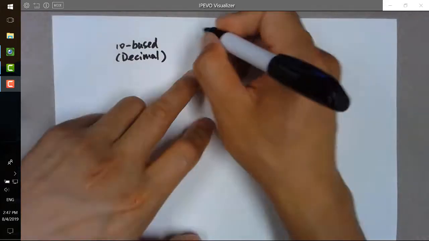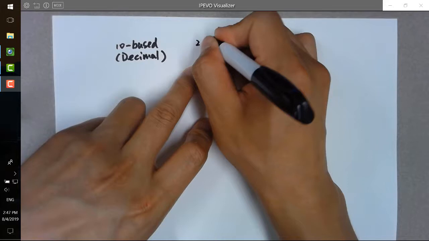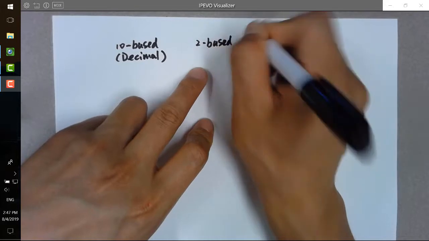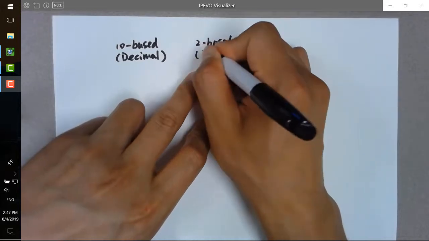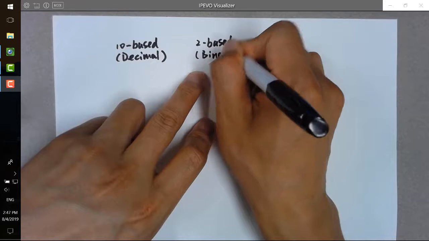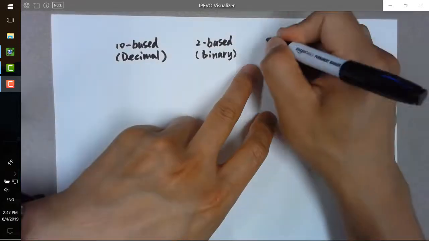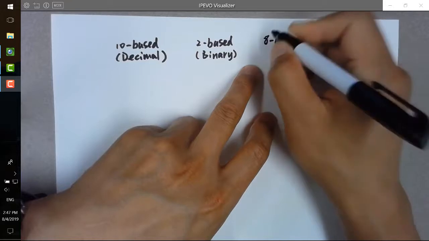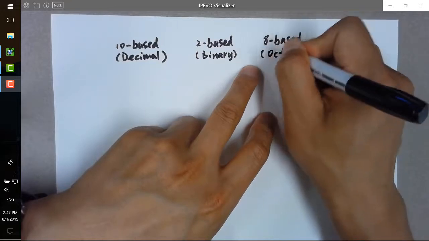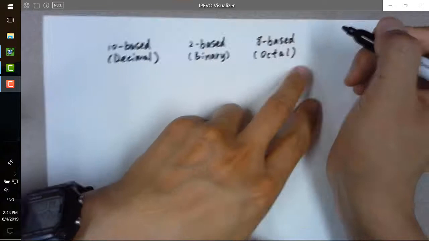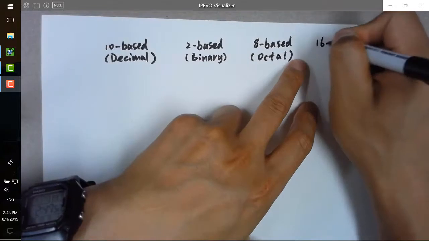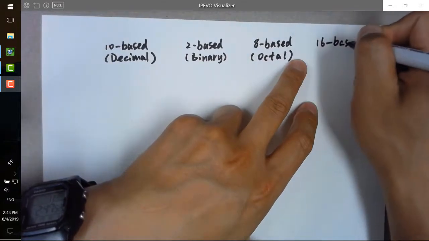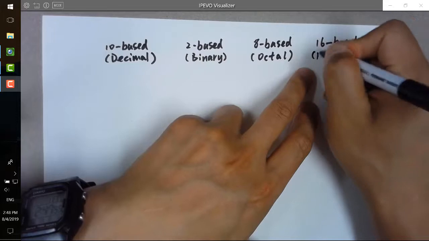The second one is 2-based, and it's called binary. The third one is 8-based, which is called octal. The last one is 16-based. It's called hexadecimal.